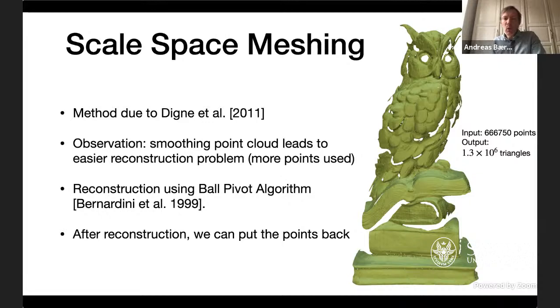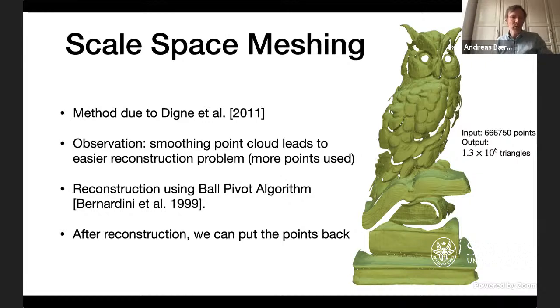Now, if you run the ball pivot algorithm directly on this point cloud, which I tried, you won't get a very good result. But if you use scale space meshing, it actually works nicely. But there are many other combinatorial methods that could have been applied here. So this is just an example.